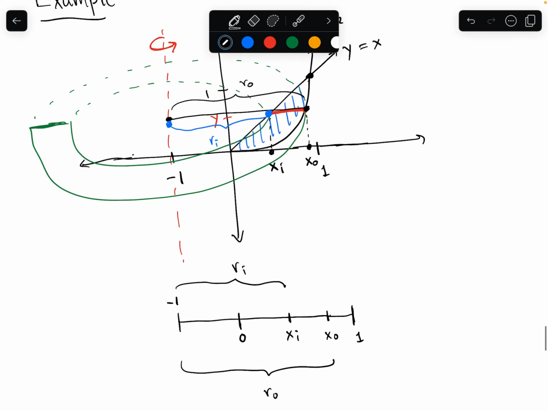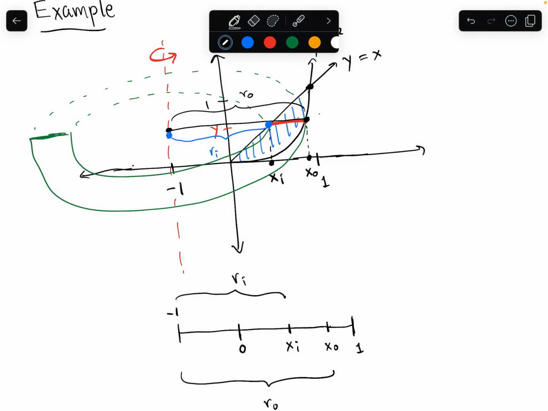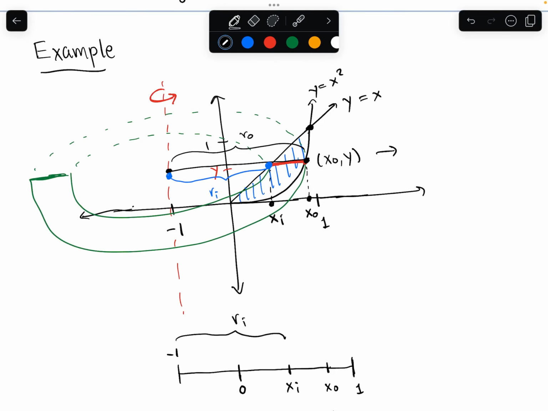Okay. So first, let's talk about what xi and xo are. Well, the point xo comma y lies on the curve y equals x squared. So this means that y is x0 squared, which means x0 is square root of y.